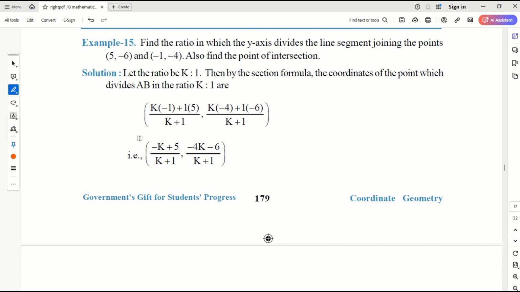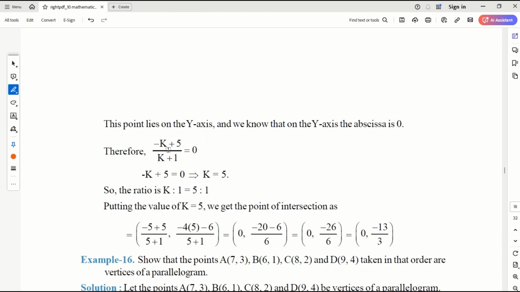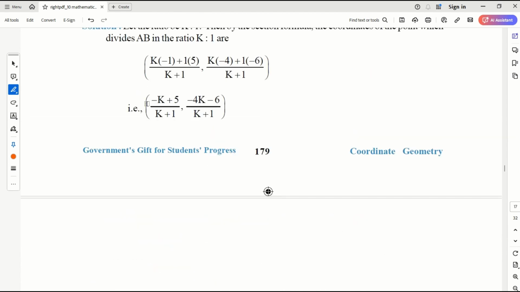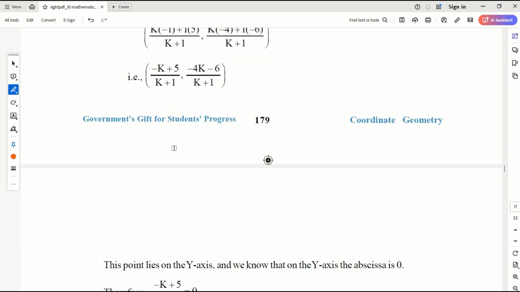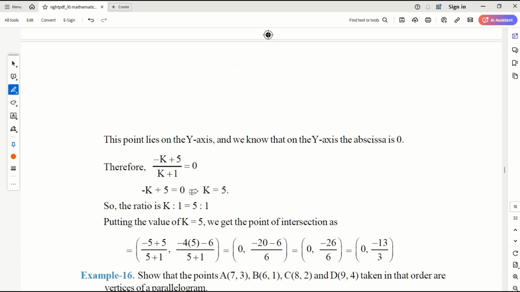And we are trying to find a point on the y-axis, because the y-axis is dividing this line segment. On y-axis, x is 0, right? So simply you take the x coordinate, that is minus k plus 5 by k plus 1 equal to 0. If you simplify, you will get k equal to 5.